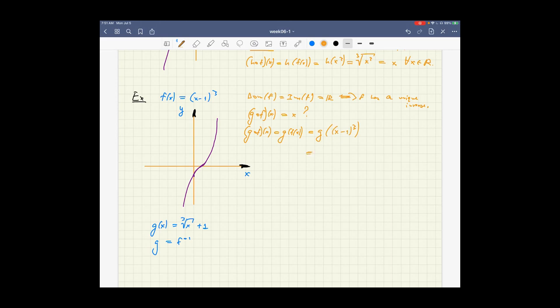And what g does to its argument, it takes the cubic root of the argument, then adds 1. Cubic root of (x minus 1) cubed is x minus 1. When you add 1, you get x. That is for every x in the set of real numbers.